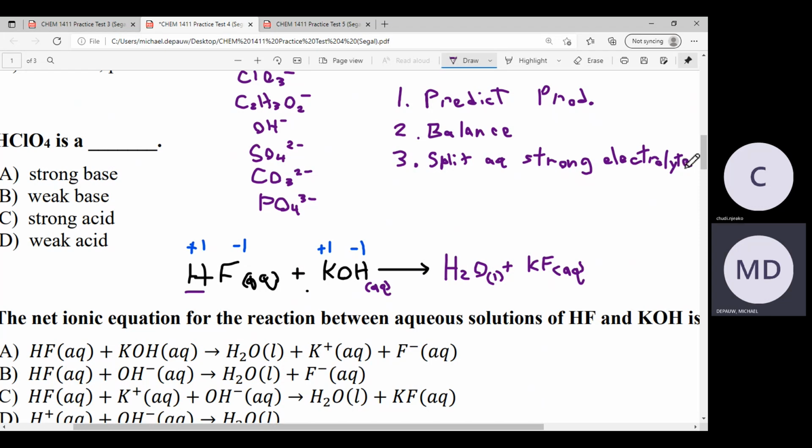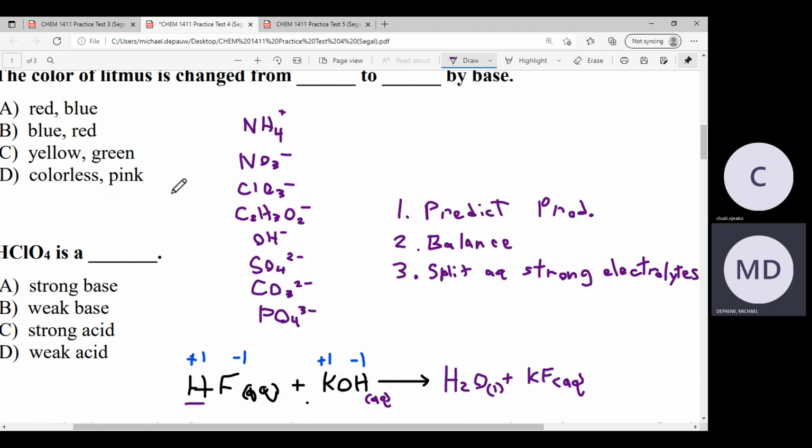So this does require you to know what your strong acids are versus weak acids. So in this case, for example, when looking at HF and KOH, HF, anything that has a hydrogen in front, that's an acid. So is HF a strong acid or a weak acid? Actually weak. There's only 7 strong acids, and you do need to have them memorized, unfortunately.